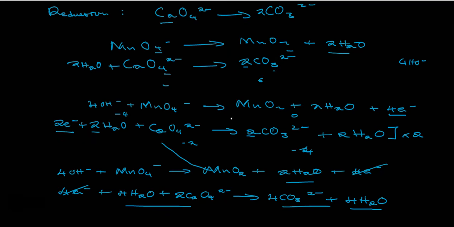In this equation, we balance hydroxide ions. In this equation we didn't indicate where we balanced the hydrogen ions, because we had 4 hydrogen ions, so we're supposed to add here 2 hydroxide ions to make it equal.